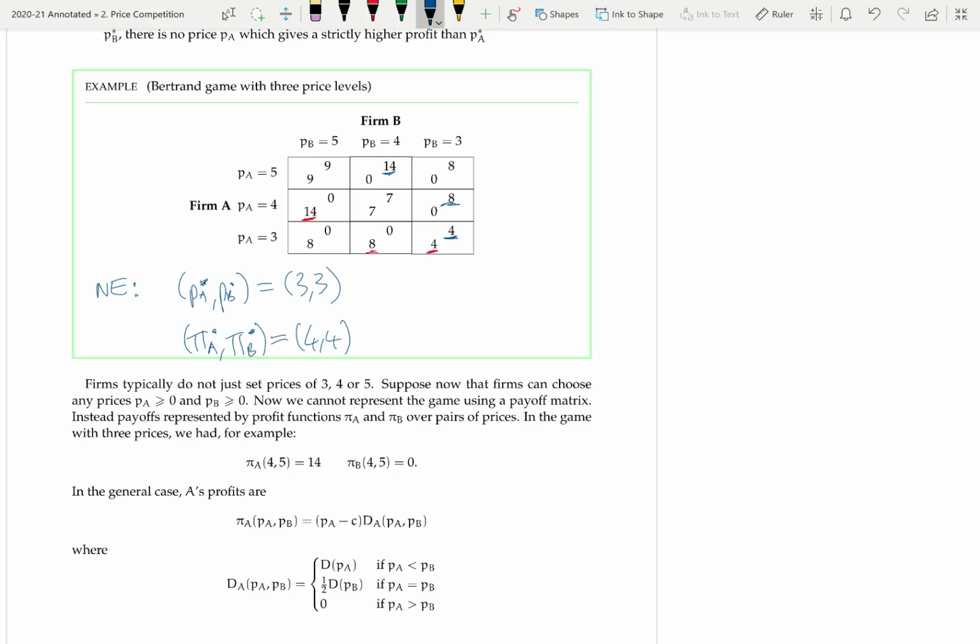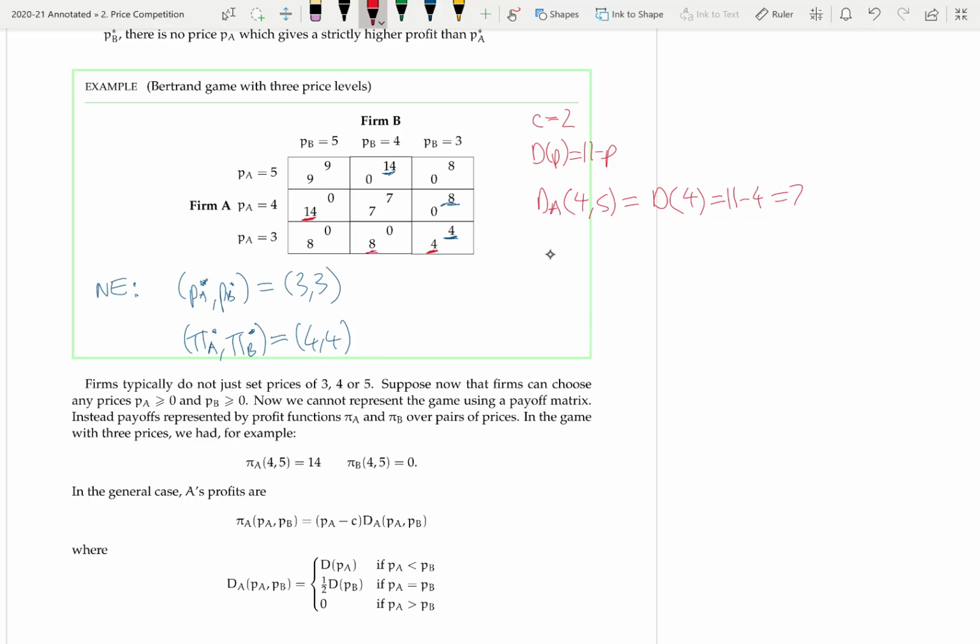Now you might be wondering, where did the numbers in this payoff matrix come from? Well, they came from the case where C is equal to 2 and the market demand function is 11 minus P. So the demand of firm A, when its price is 4 and the other firm's price is 5, is the market demand at a price of 4, which is 11 minus 4, which is 7.